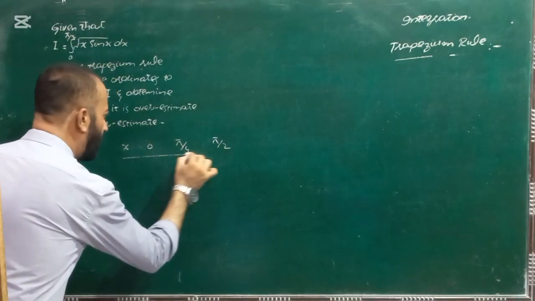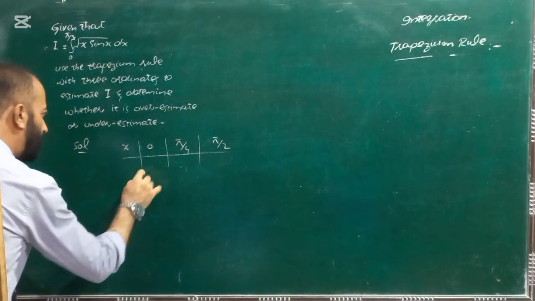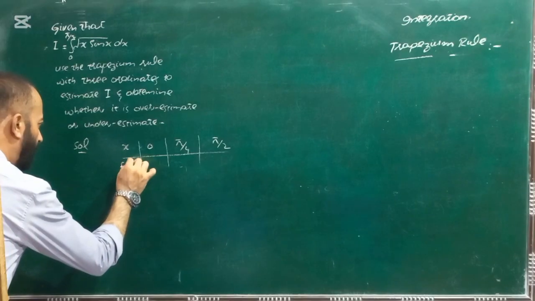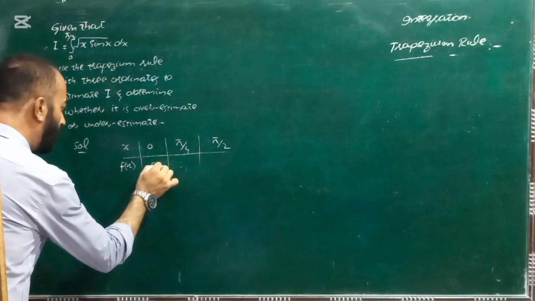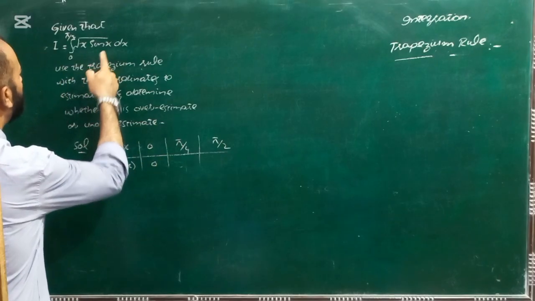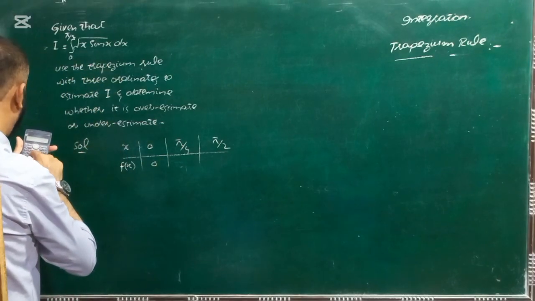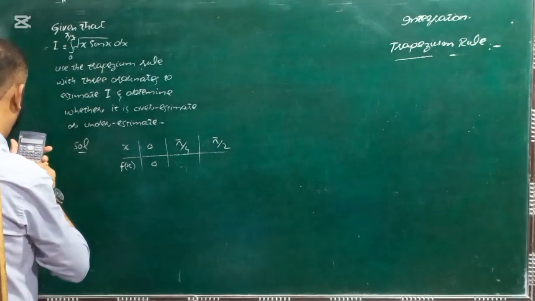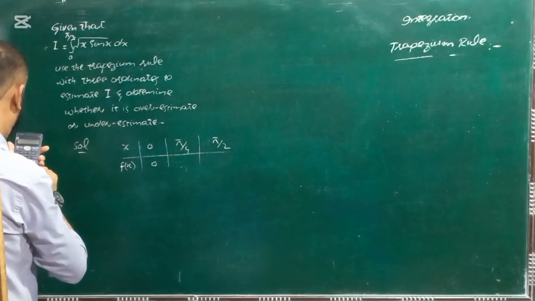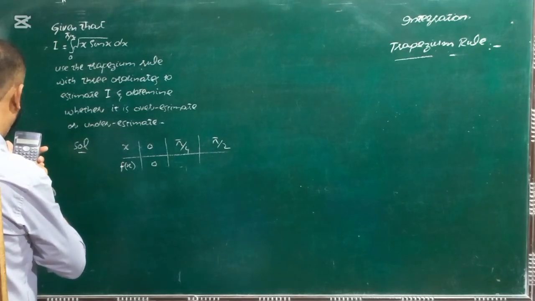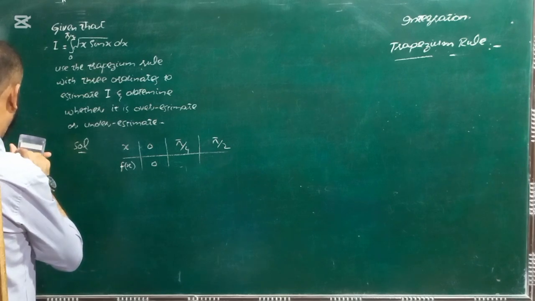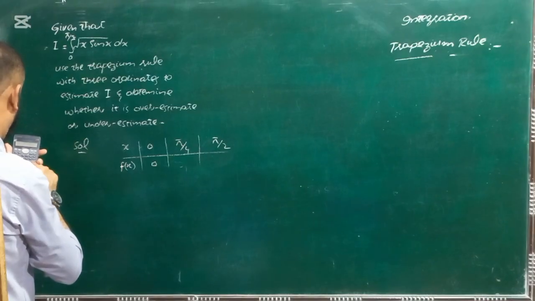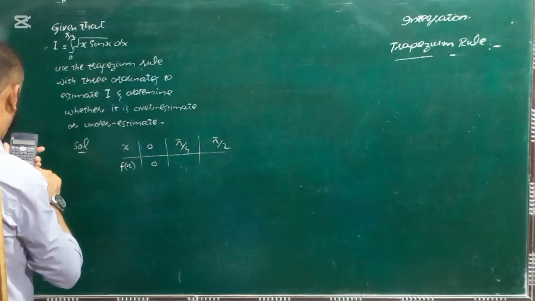Okay, and respective values of f of x will be, when 0 is put, it will become 0. When pi by 4, square root of pi by 4 into sine of pi by 4, bracket close.